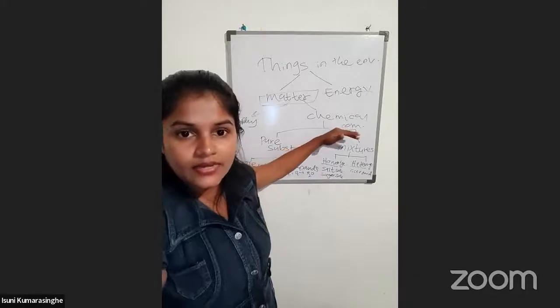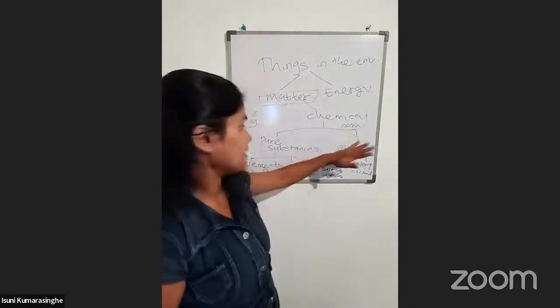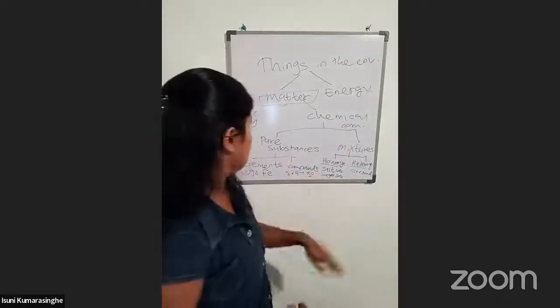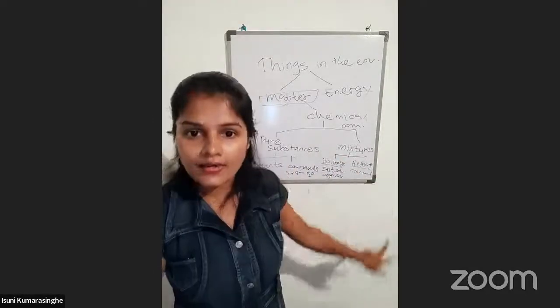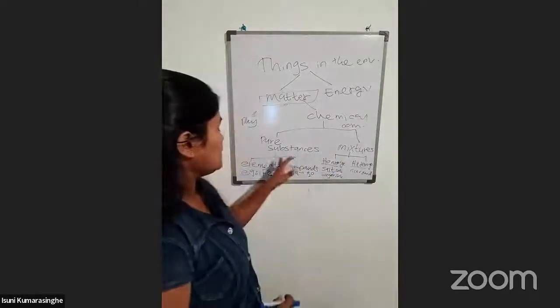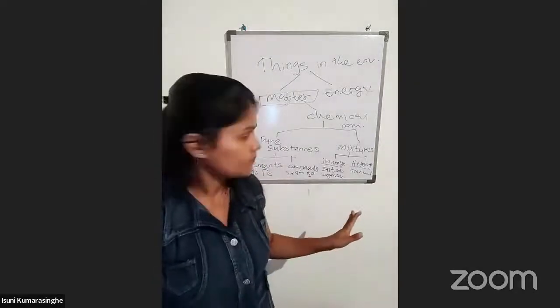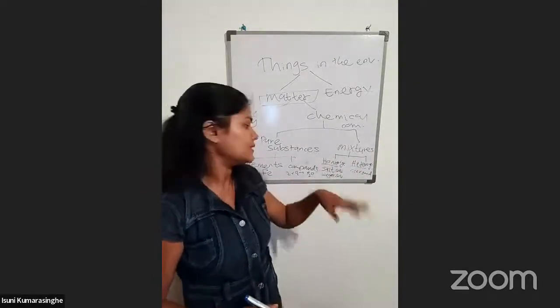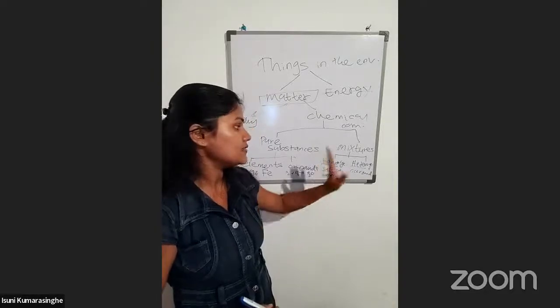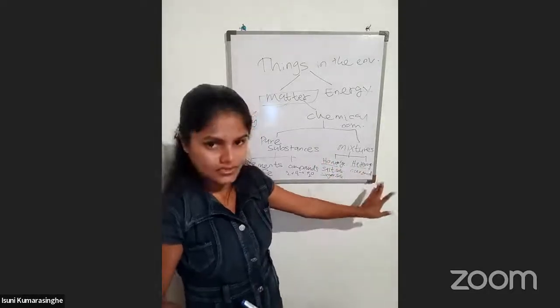When classified by chemical composition, matter can be divided into two: pure substances and mixtures. Pure substances are again divided into two: elements and compounds. Mixtures are again divided into two: homogeneous mixtures and heterogeneous mixtures.